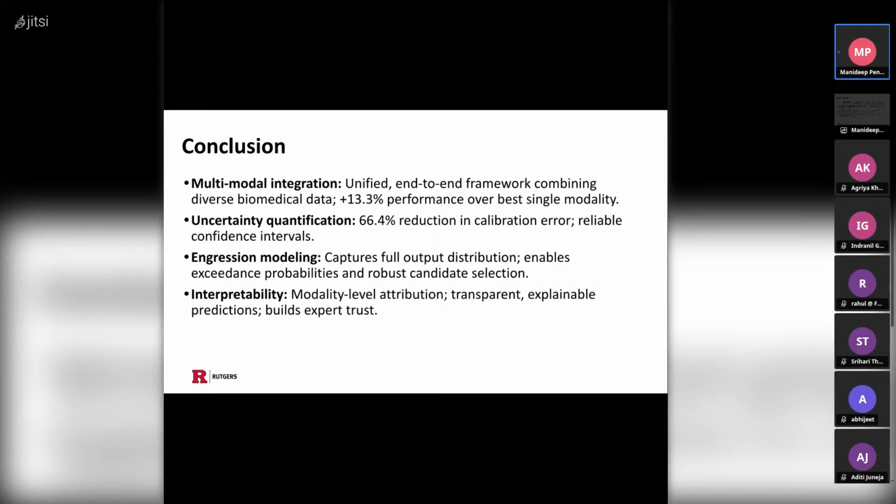And this uncertainty quantification is quite unique, and based on my recent research, it hasn't been used in this context.